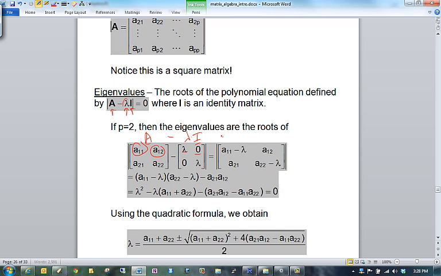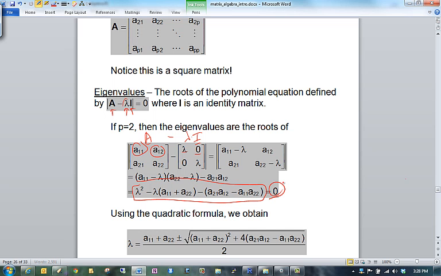Then to find the determinant, I take the product of the diagonal elements. I subtract off the product of the off diagonal elements. Then I do some algebra, so I get this nice little polynomial equation written in terms of lambda.